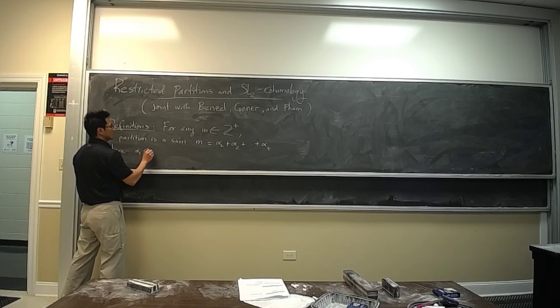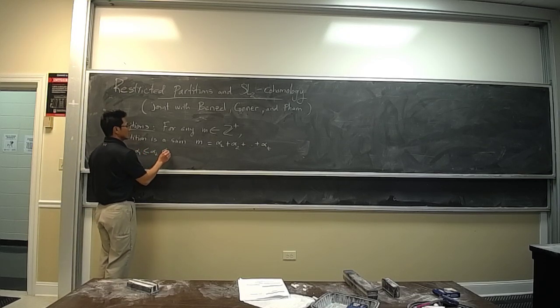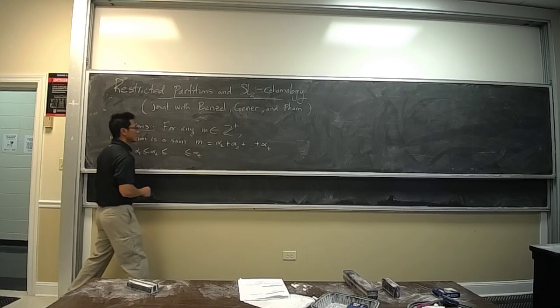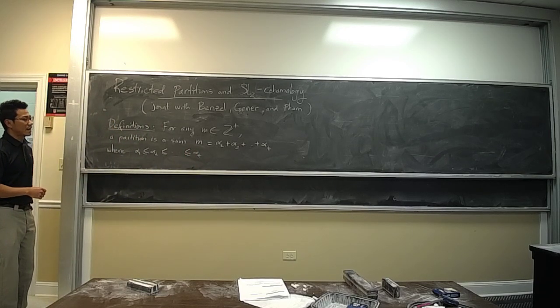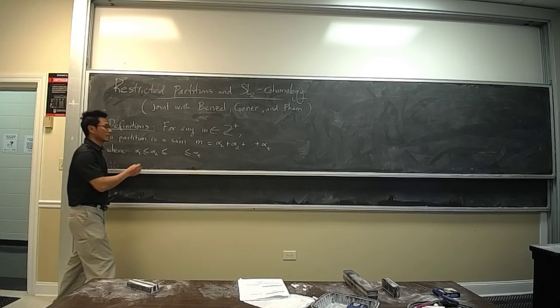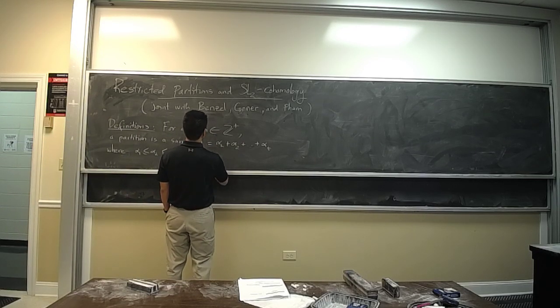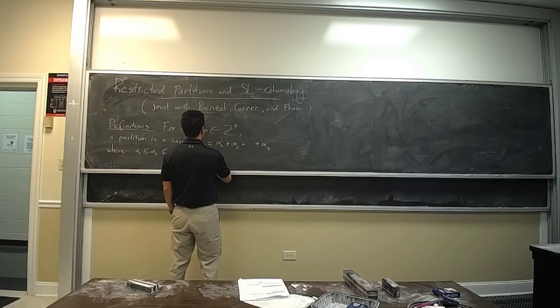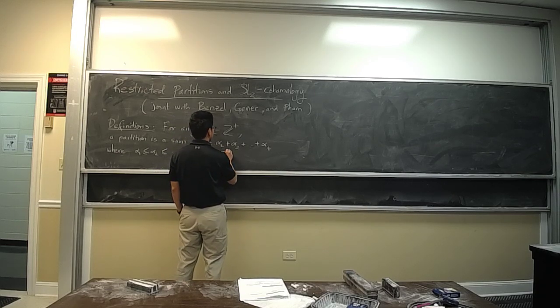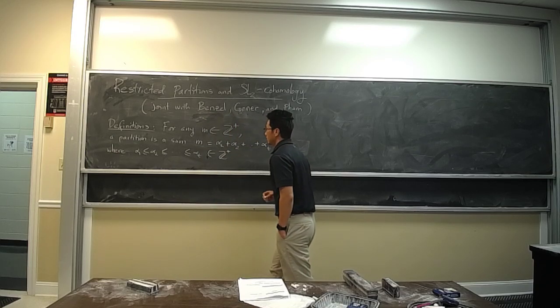Here alpha 1 is less than or equal to alpha 2, and so on, all the way to alpha t. This means that the alpha i's are not necessarily distinct, and they are all positive integers.